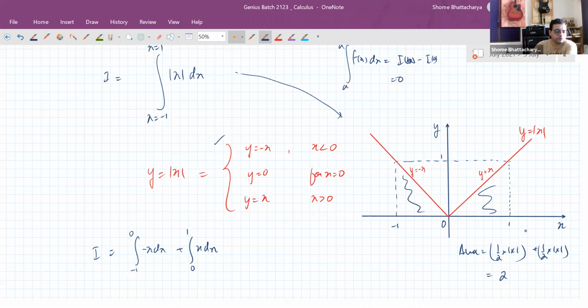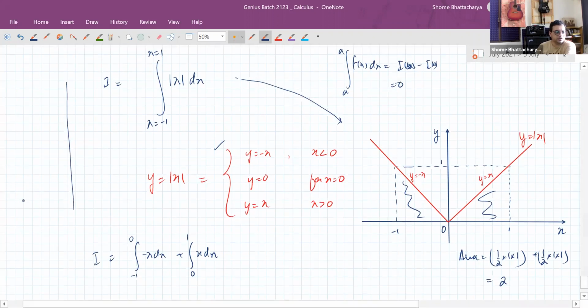Okay, people, so we will pick up this mod kind of term in the next class again. But in the meantime, you can try out one question yourself. You can take an example to further understand this point. See the difference between doing integration of sin x from 0 to 2 pi and the integration of mod sin x from 0 to 2 pi.